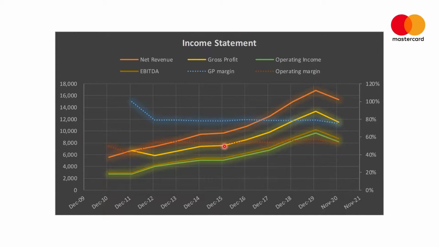We see here the gross profit, the operating income in green, and the EBITDA, which is very similar to the operating income. And then we have operating margin and gross profit margin, which, as you can see, are quite healthy. The gross margin is roughly 80%, and the operating margin is in the 40 to 60% range. These are great numbers, and you'll see later.